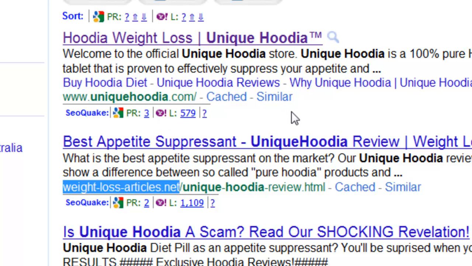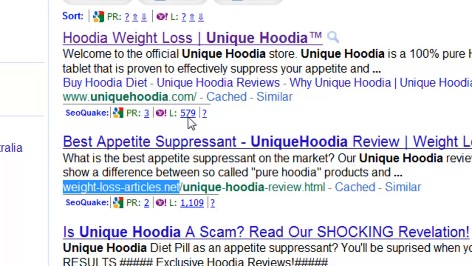Now, like I said, the quantity of the backlink is not the only thing to go by, because you could have 4 PageRank 9 backlinks and the anchor text being unique hoodier, and you would most likely find yourself ranking right up here in position 1 and 2 and probably take these websites out, even though they've got hundreds. Because your backlinks, if you were able to get PR9 backlinks, are so powerful that they sort of outdo these backlinks.